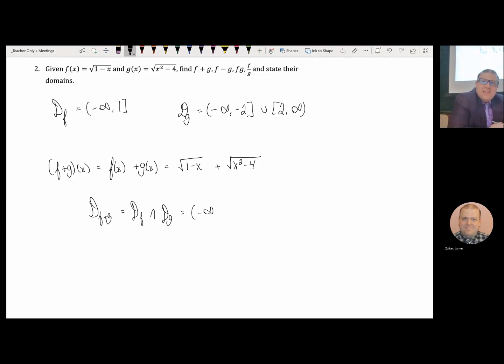And where is it going to end? -2, closed. Is that it? Intersection. So that'd be your domain? You don't want to add anything else to it? No. That's 2 to infinity, which is part of f only. That's it.